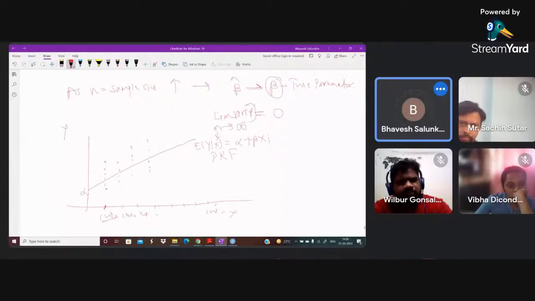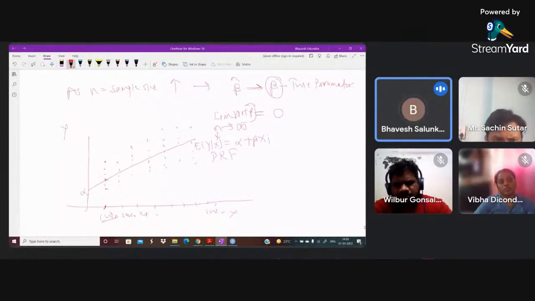So their expenditure varies even though the level of income is the same. This is the population I'm talking about. We don't know this; it is just a hypothetical or imaginary thing that I am demonstrating here. This is your conditional mean, expectation of y given x. It is the mean of all these actual consumption expenditures given x at this level, and this conditional mean is given by these circled values.